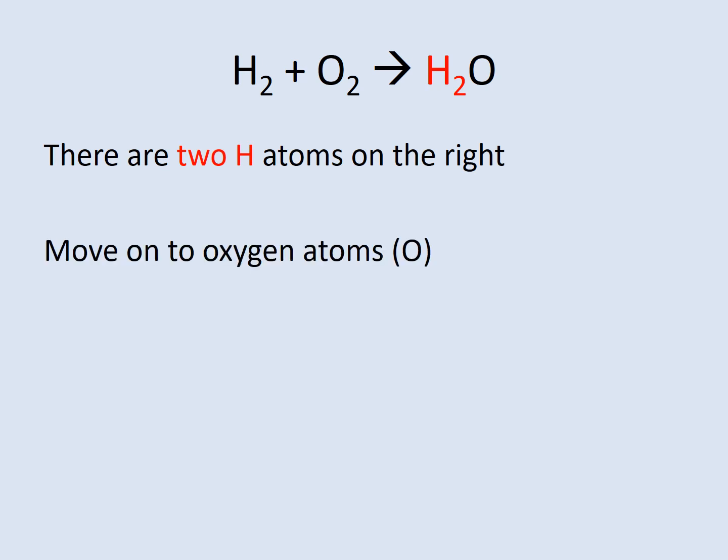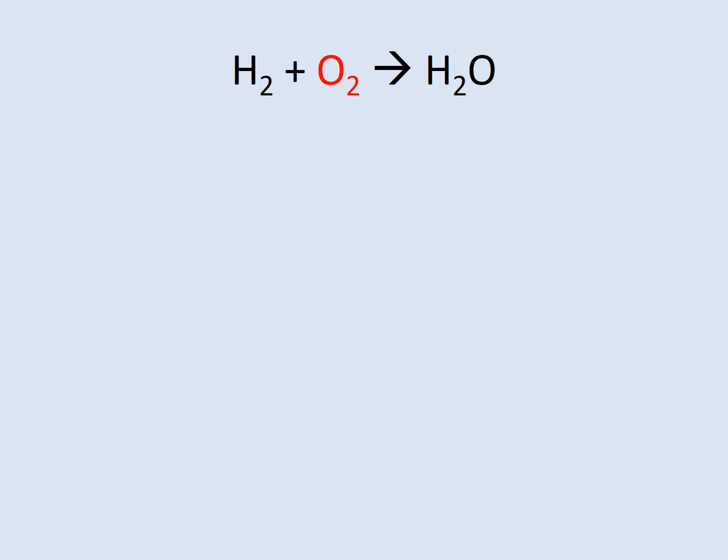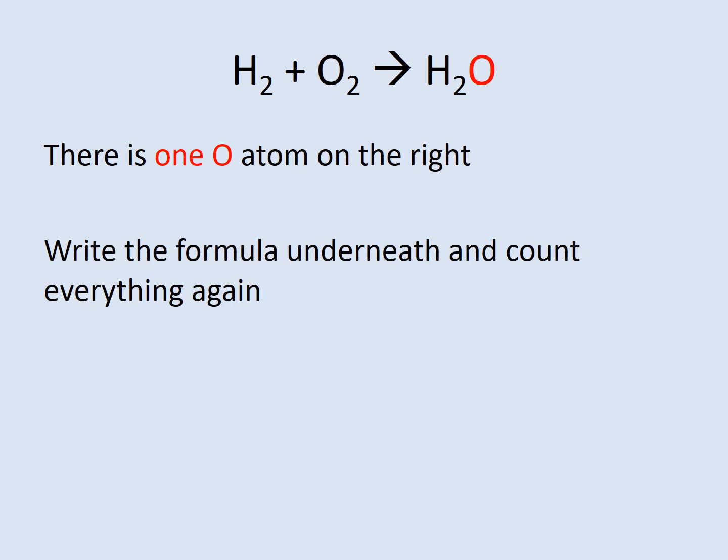Then we're going to move on to the oxygen. And if you look at the oxygen, you can see there are 2 on the left-hand side. And if you look at the right-hand side, you can see that there is only 1. Right, so what do we do about this?